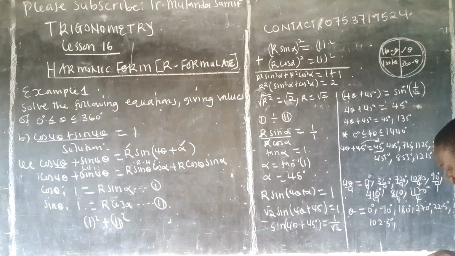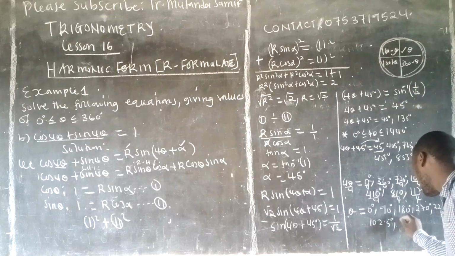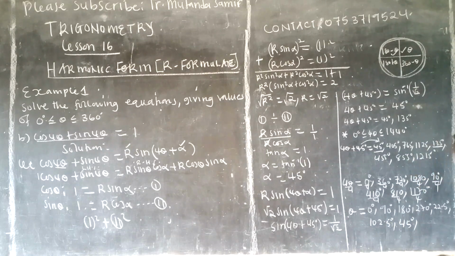Then 180 divided by 4 will give us 45. Then also, no, sorry, it was going to be 810. 810 divided by 4 will give us 202.5 degrees. Then 1170 divided by 4 will be 292.5. As simple as that.